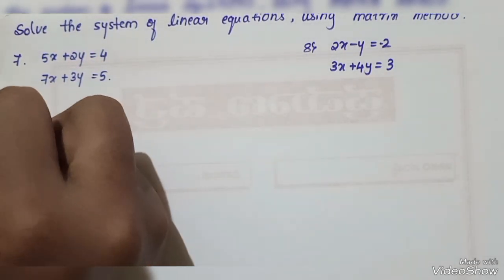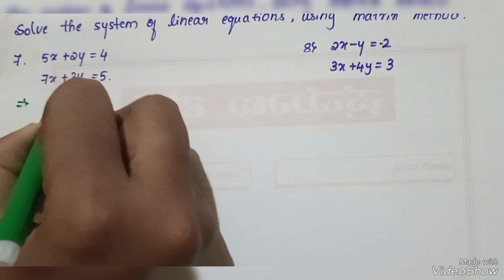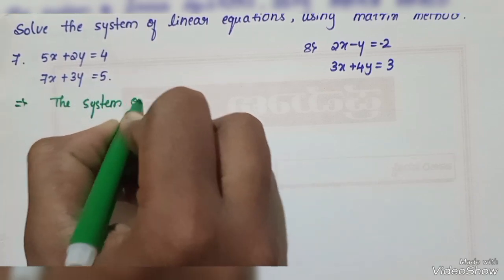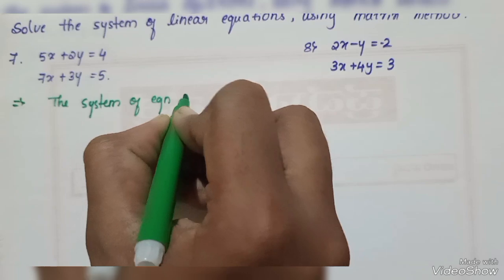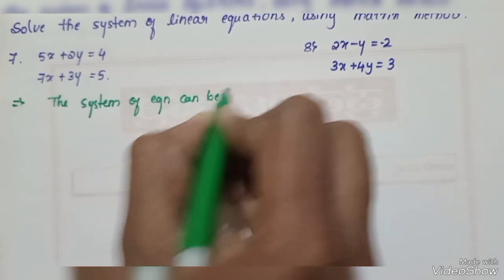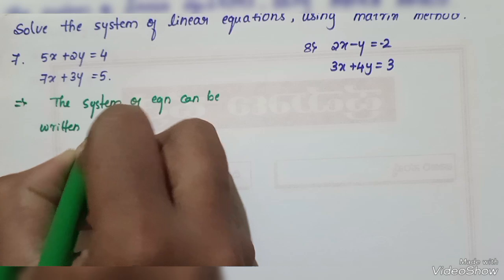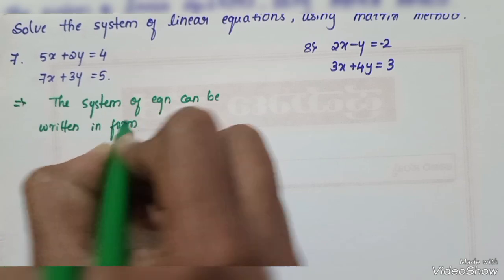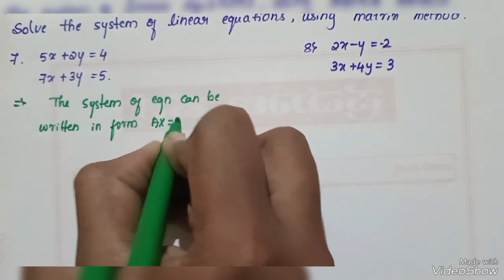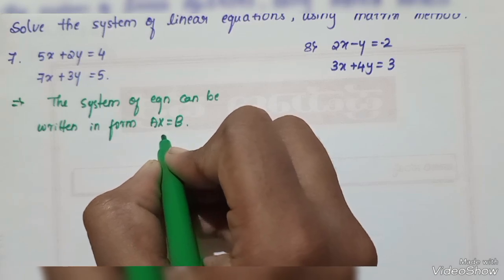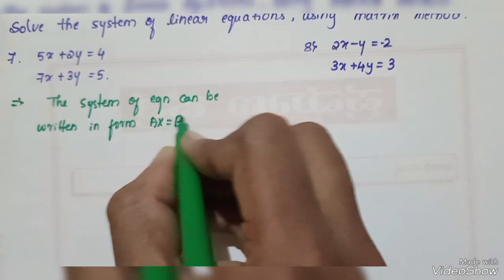Now the first step is the system of equations can be written in the form ax equals b.